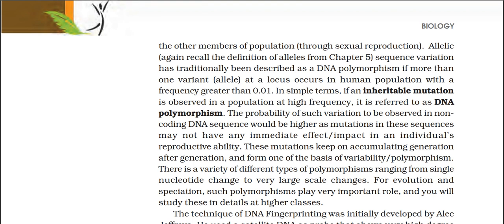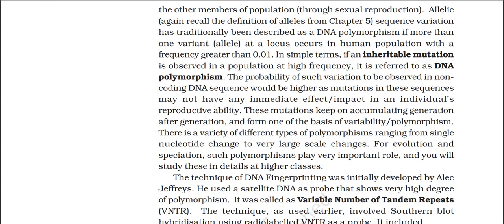The probability of such variation being observed in non-coding DNA sequence would be higher, as mutations in these sequences may not have any immediate impact on an individual's reproductive ability. These mutations keep on accumulating generation after generation and form one of the bases of variability, polymorphism. There is a variety of different types of polymorphisms ranging from single nucleotide change to very large-scale changes. For evolution and speciation, such polymorphisms play a very important role, and you will study these in detail in higher classes.